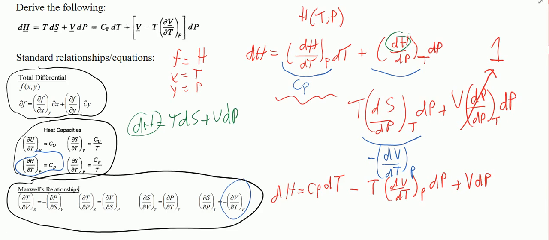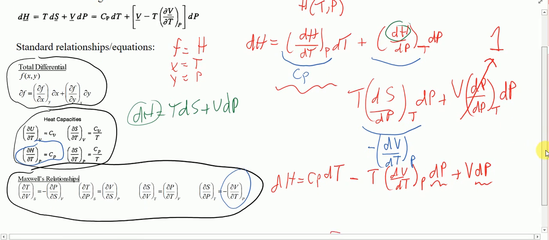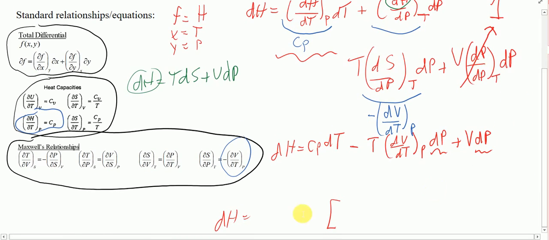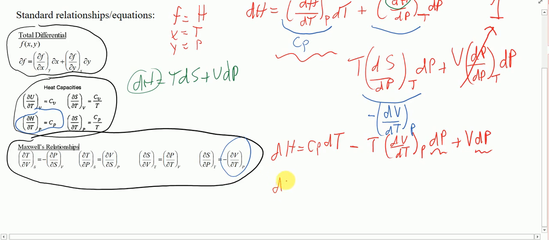Based on this, we can see that we have similar terms, a similar dP right here, so we can factor that out. To continue, we factor that out and solve for the final equation. We have dH is equal to Cp dT.